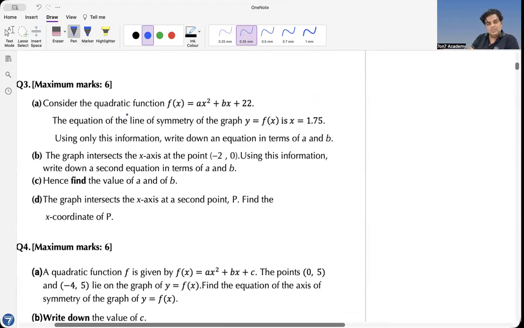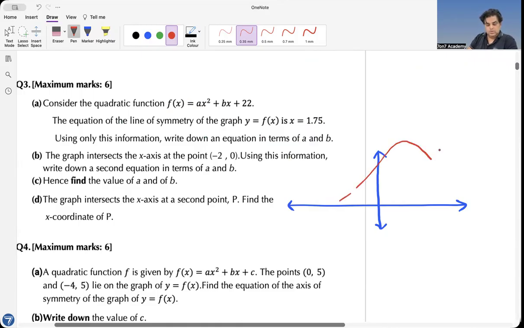So f of x, see the equation of the line of symmetry, x equal to 1.75. So 1.75 is the average of the x-intercepts.